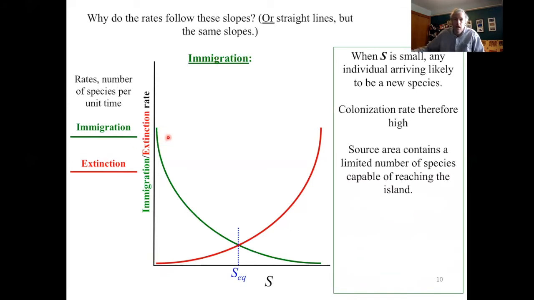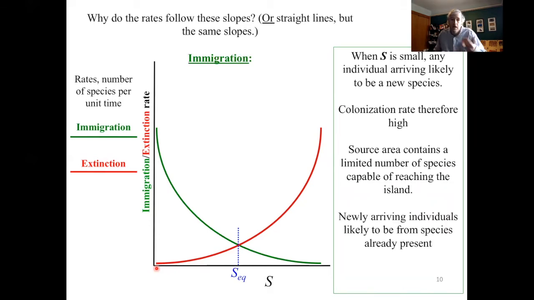However, the source area where these species are coming from contains a limited number of species that are capable of reaching the island. And because we have this limited number of species from the source, as species richness goes up on our island, newly arriving species from our source are likely to be from a species that's already present on the island.